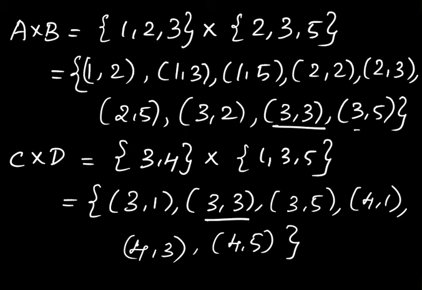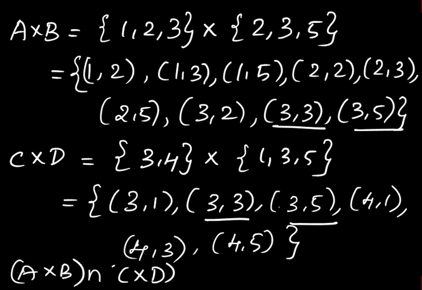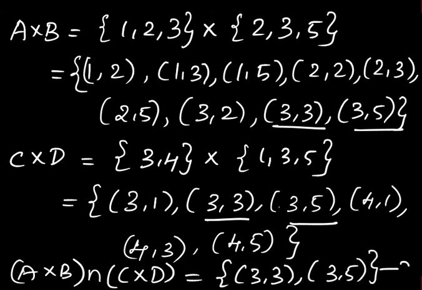Then (3, 5). So that's all. The intersection between these two is (3, 3) and (3, 5). So A cross B intersection C cross D is nothing but (3, 3) and (3, 5), and mark it as equation 2.